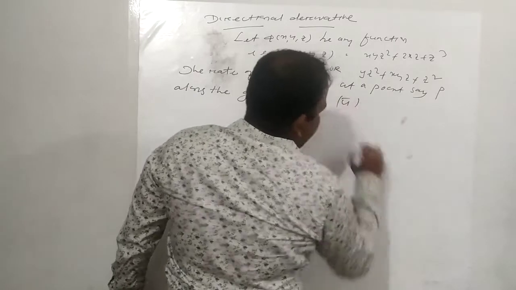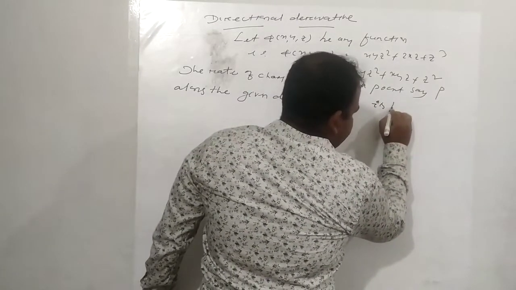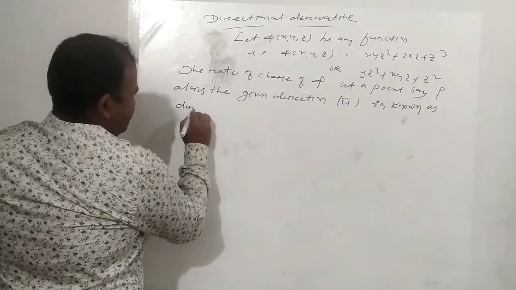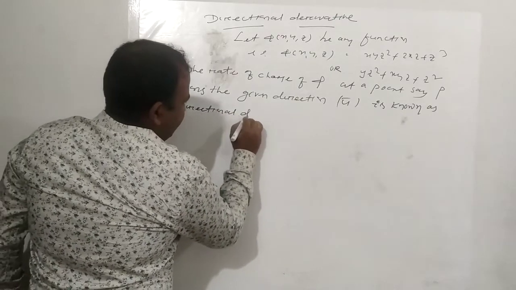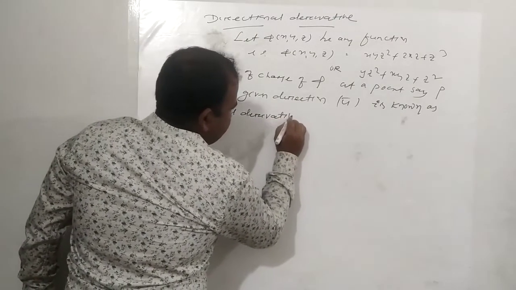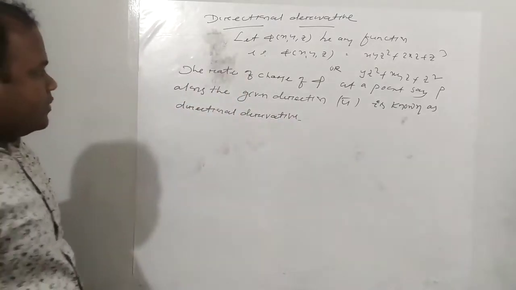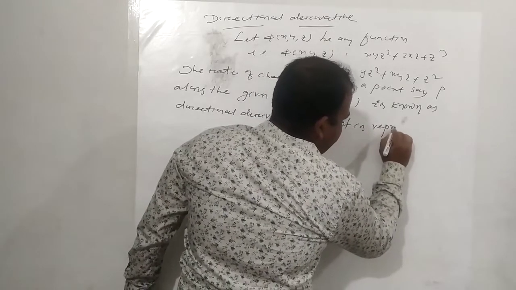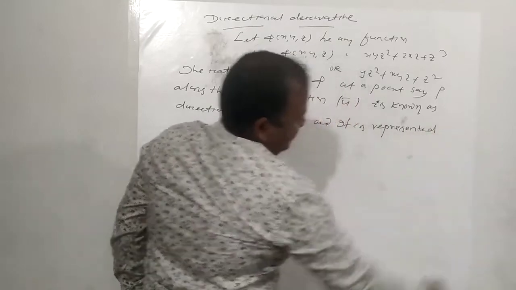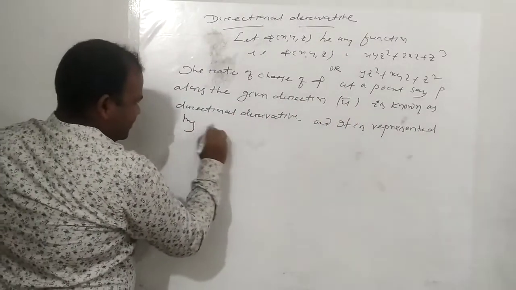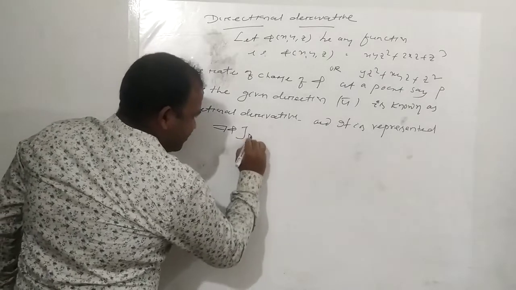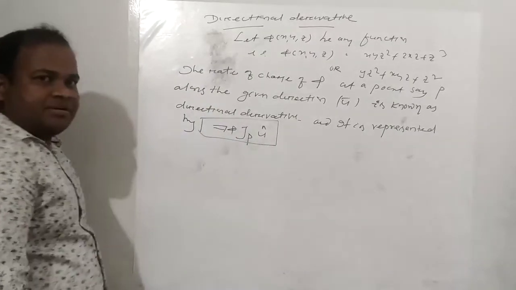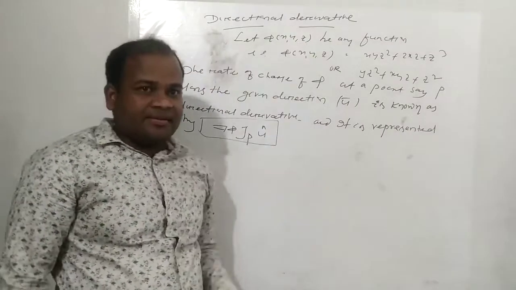That is known as the directional derivative, and it is represented by del phi at the particular point P dot u cap. This is the definition of directional derivative.